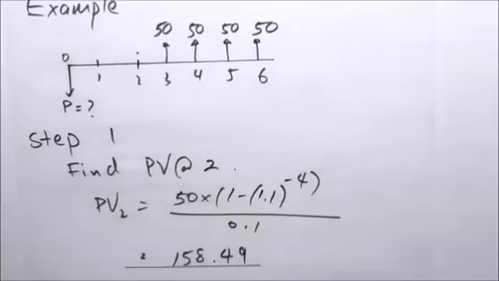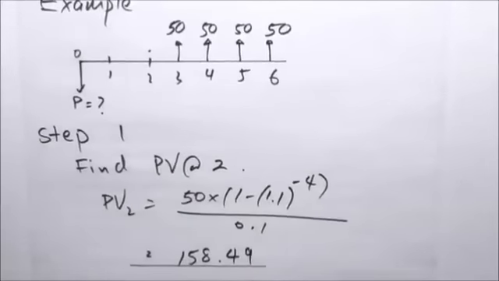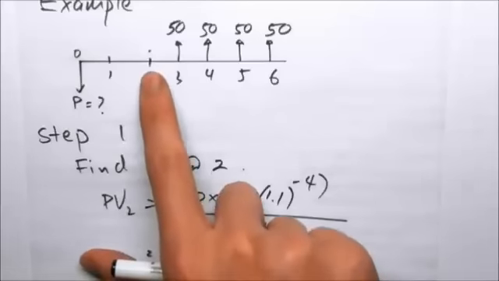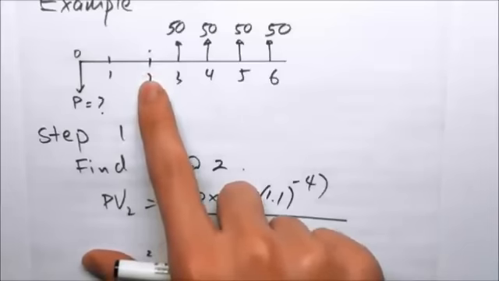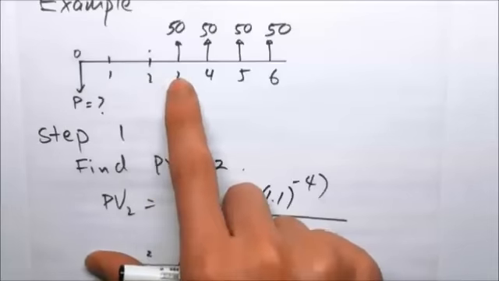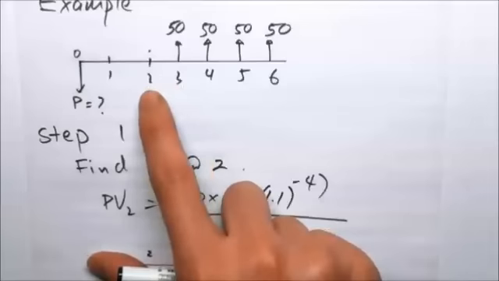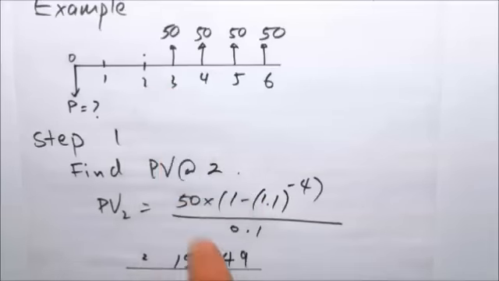We know that we can apply the formula if the annuity starts 1 period from wherever we calculate it. So if we calculate the annuity at this point, we can just straight away apply the equation because the annuity starts 1 period later. So first we find the present value of this annuity at year 2. Now if that's the situation, we can apply the formula or use the table.